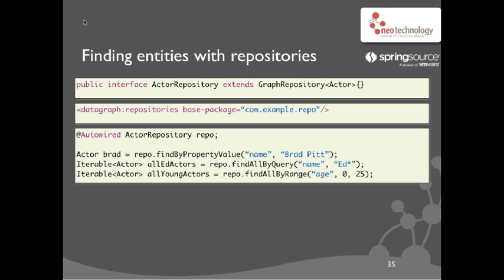But you can also do prefix by using the find all by query method. In this case, we say, give me all the actors that have a name starting with Ed*. So Ed and Edward and whatnot. We can do range queries. Find me all the actors that have an age property, which is a number, between 0 and 25.